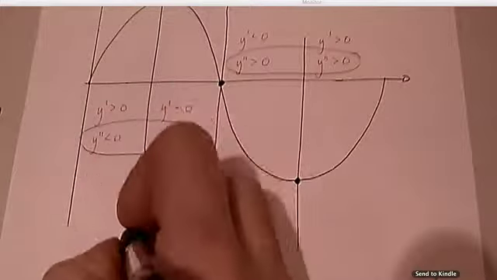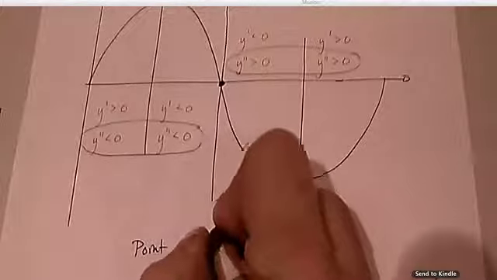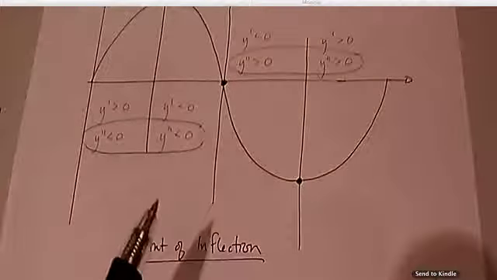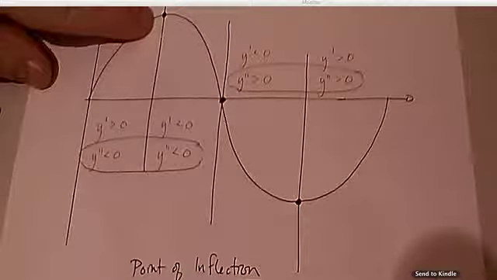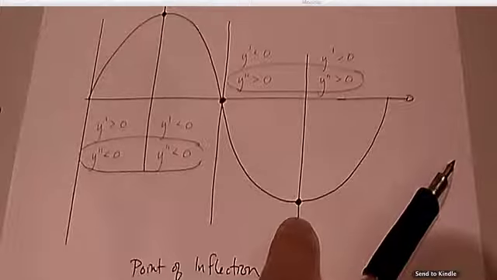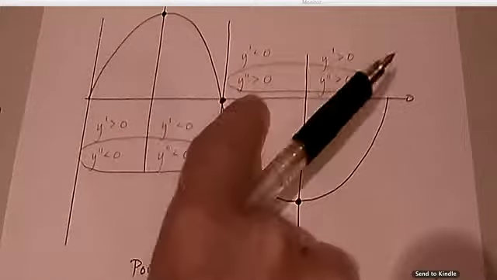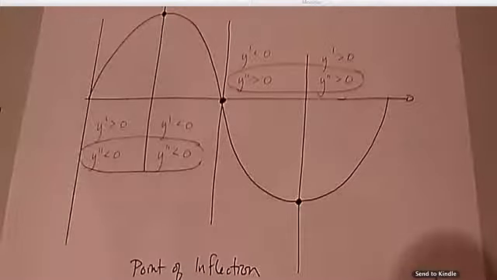Thankfully, unlike the first derivative, where a critical value can be either a maximum or a minimum, a change in sign of the second derivative is merely a point of inflection.